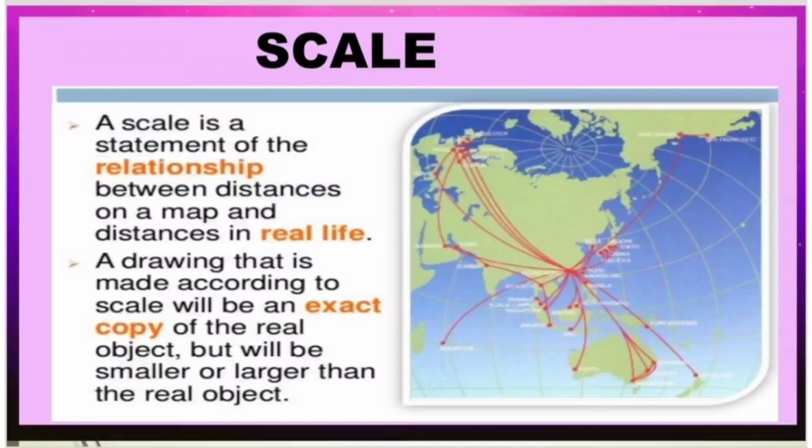Scale. A scale is a statement of the relationship between distances on a map and distances in real life. A drawing that is made according to scale will be an exact copy of the real object, but will be smaller or larger than the real object.